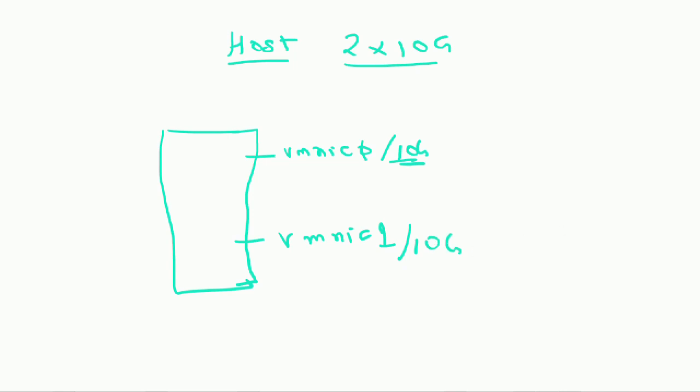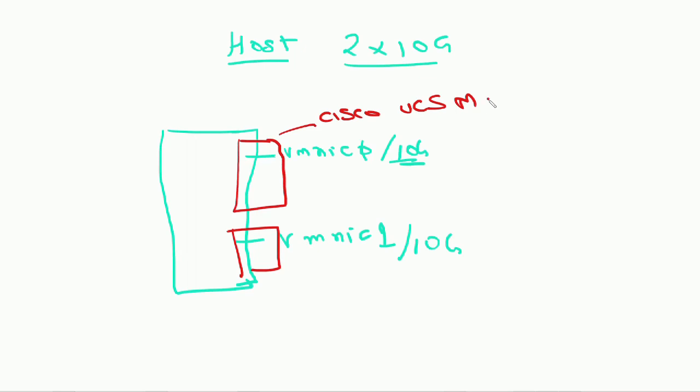Now, if you're running Cisco UCS, you obviously have the ability to take this bandwidth of 10 gig, and with Cisco UCS Manager, define VNICs. These are UCS VNICs. Define these.